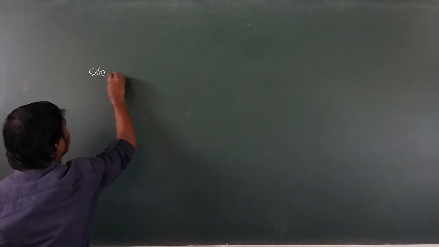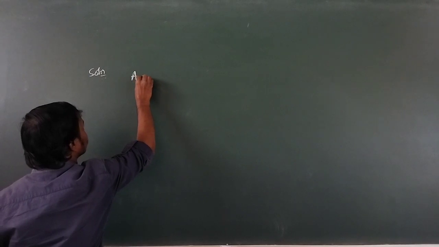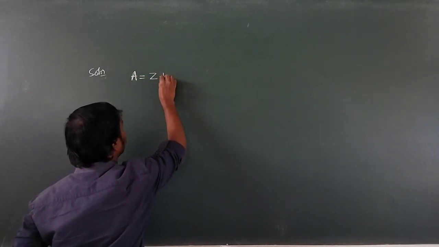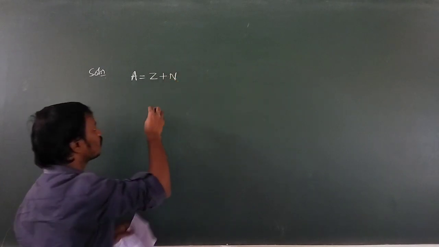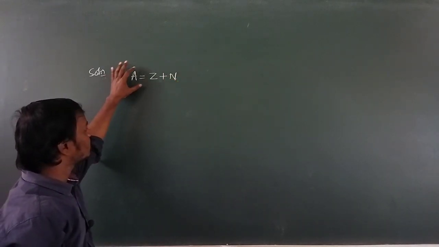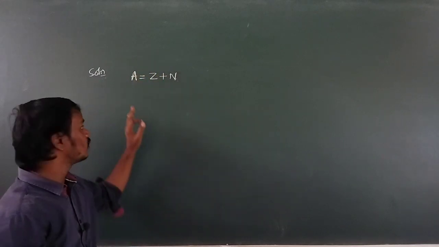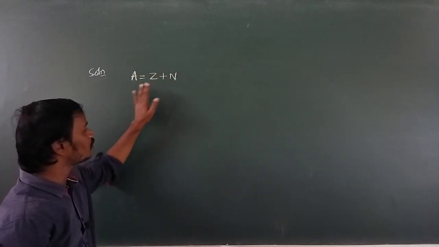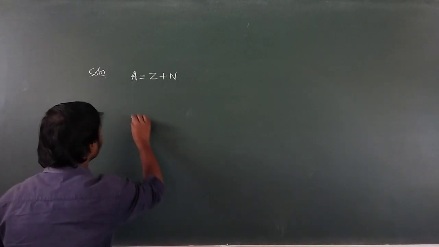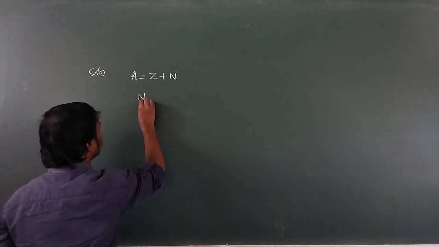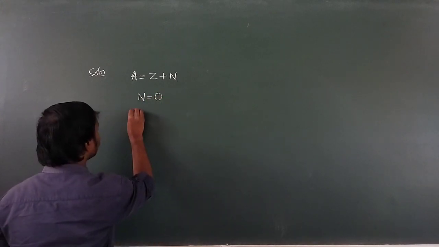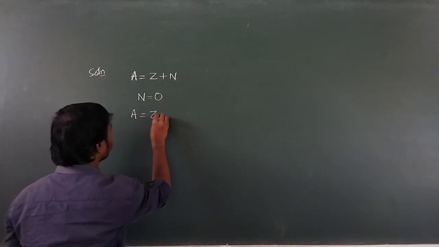What is mass number? Mass number is nothing but the sum of the number of protons and the number of neutrons. Sometimes the mass number is greater than the atomic number and sometimes equal to it. In the case of the hydrogen nucleus, the number of neutrons is 0, so the mass number is equal to the atomic number.